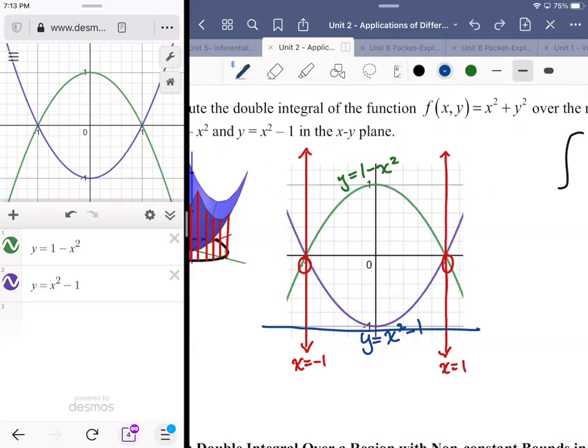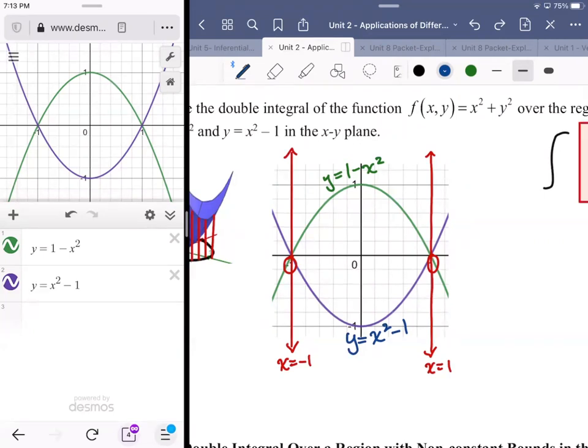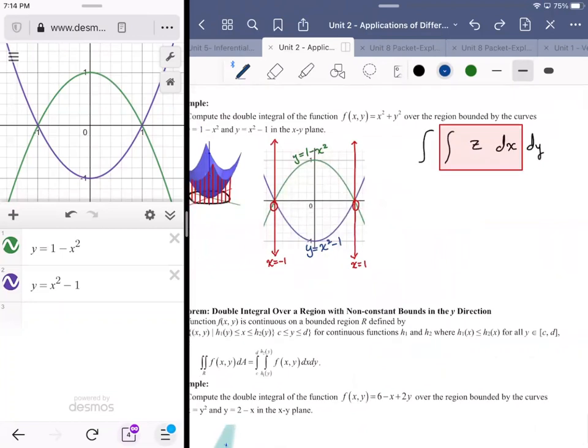We don't want that. We want y to be between two bounds that are variable in nature. So from my y bounds, I want it to be between x squared minus 1 and 1 minus x squared. All right, that sounds good.